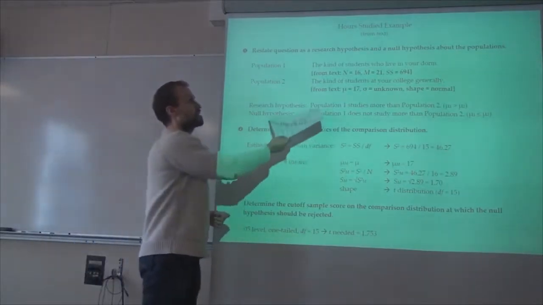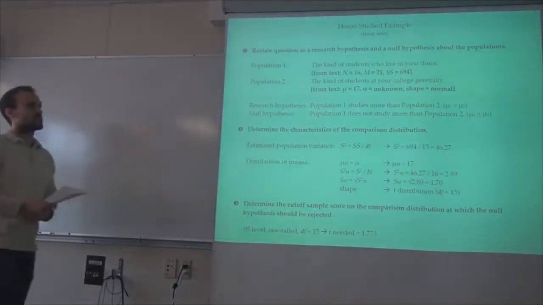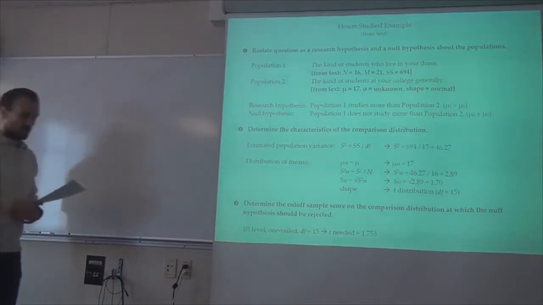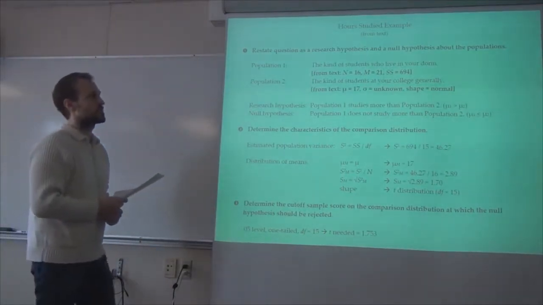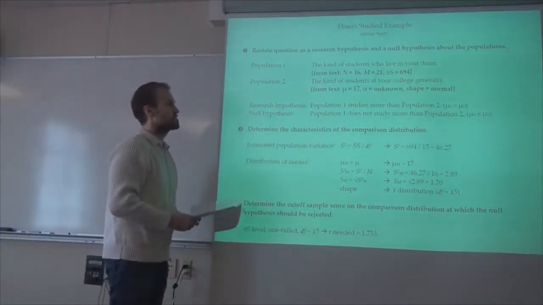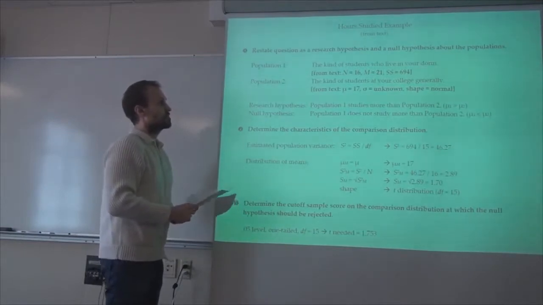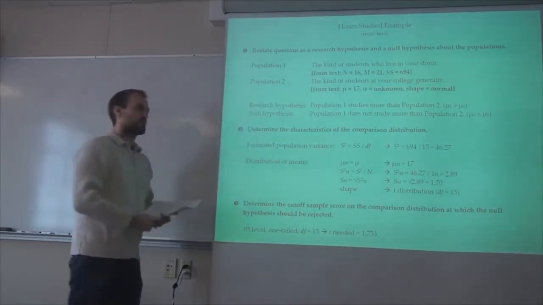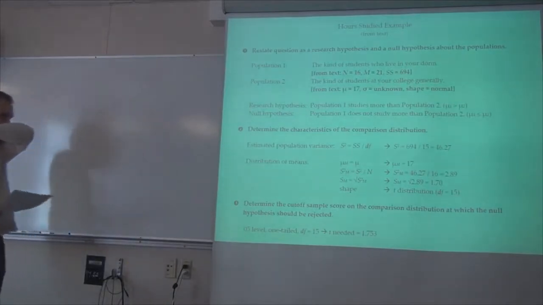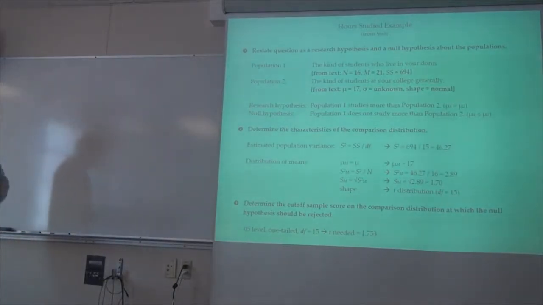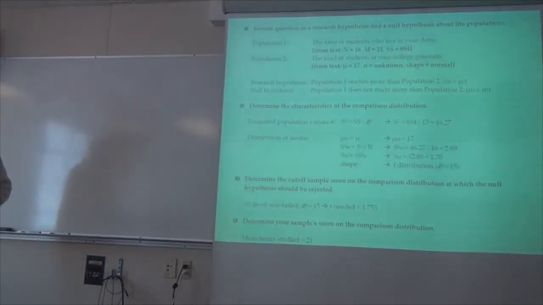I'm trying to see if students in that dorm study more on average than the university average. So that'll be population 1 versus the null hypothesis that they do not study more.